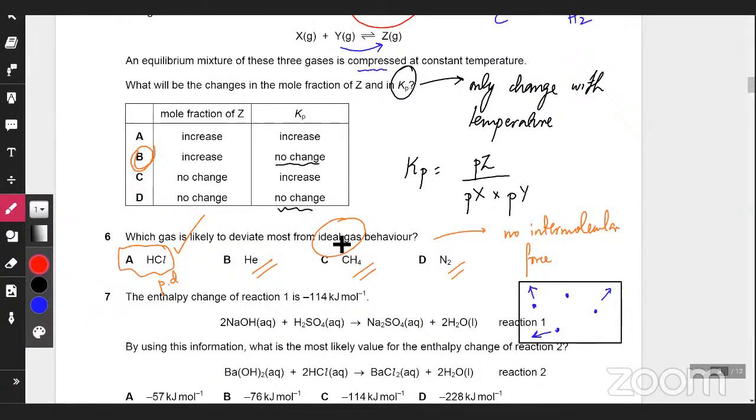But if there are intermolecular forces, then the particles would slow down. Because if one particle is going to the right and trying to hit the wall of the container, there's a particle from the other side that is attracting it or pulling it back. So since it's pulling it back, it's going to slow it down, and the particles would hit the walls of the container with a lot lesser speed.